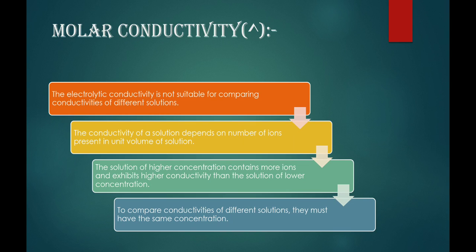So the solution of higher concentration contains more ions and exhibits higher conductivity than the solution of lower concentration. To compare conductivities of different solutions, they must have the same concentration. It means this molar conductivity depends upon the number of ions present per unit volume.